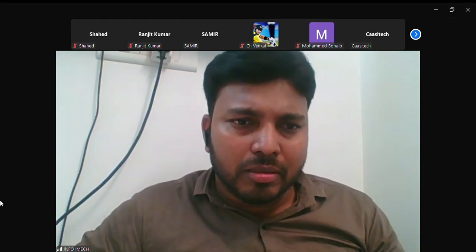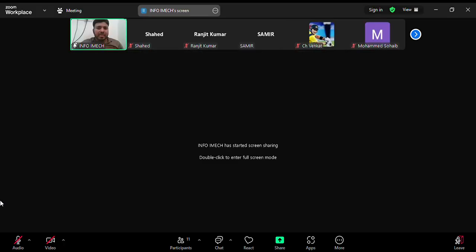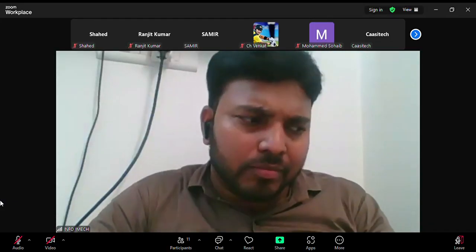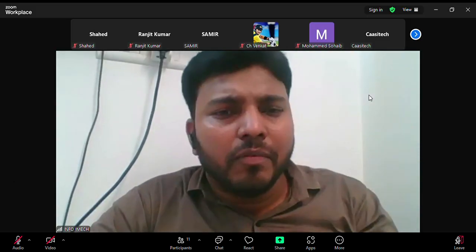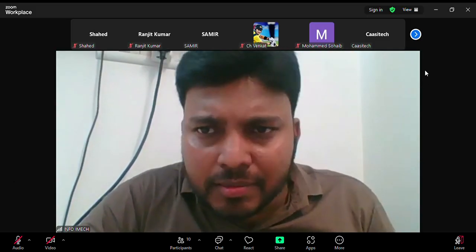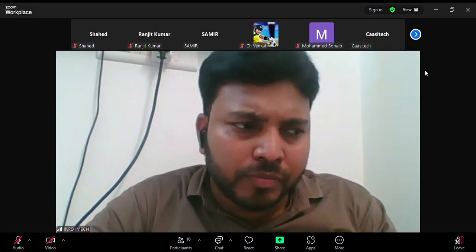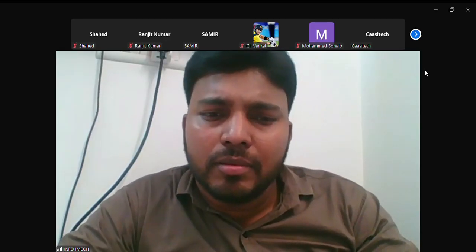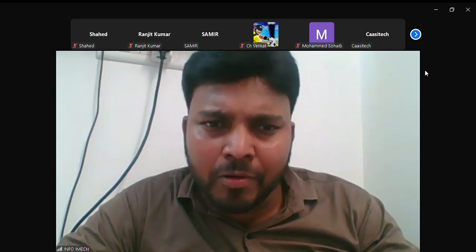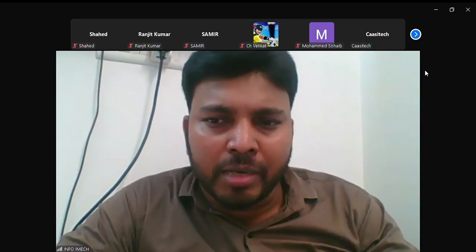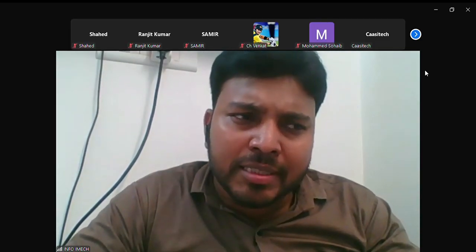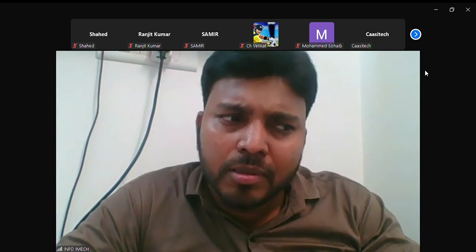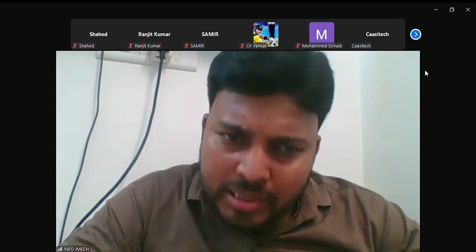So next, case 4 is there. It will depend on the echo heights. You know, the height of the echo will depend upon the intensity. When you place the probe on any material, sound will go inside the material. If a defect or back wall is there, sound will reflect back. How much percentage of sound, or how much intensity of sound, your probe will receive, based on that the echo will be displayed on the screen.